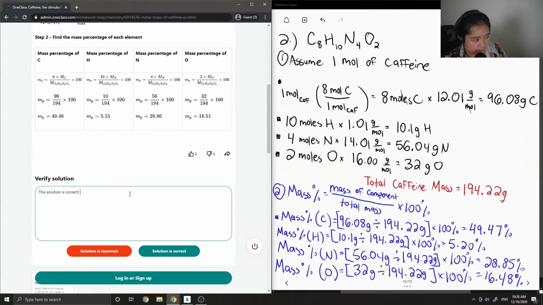The solution is correct: by assuming there is 1 mole of caffeine, we can find the masses of carbon, hydrogen, nitrogen, oxygen, then calculate their mass percentages.